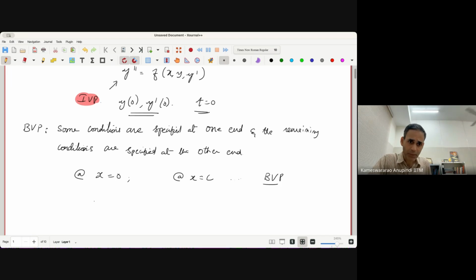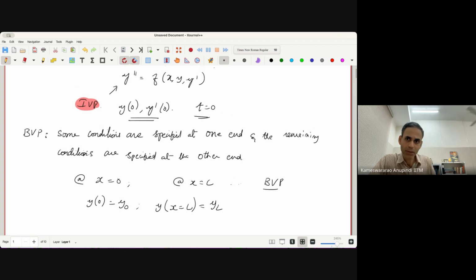We're going to specify y of 0 and y of L. Let us say y of 0 is specified as y sub 0, and similarly, y at x equals L is specified as y sub L. So instead of giving y0 and y0 prime, that is both the function value and the derivative at x equal to 0, we are specifying the value of y itself, not the derivative, at x equal to 0 and x equal to L. We are specifying two values, both for y itself, but at two different ends. So this is a boundary value problem.